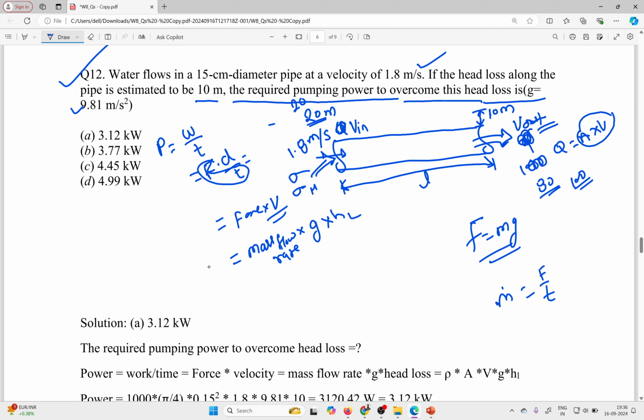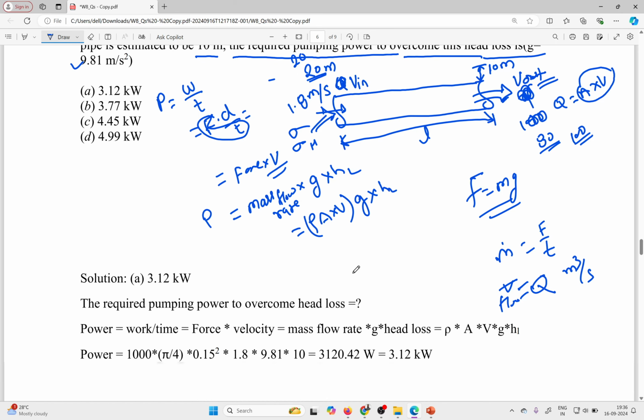So this is your power. What does mass flow rate mean? Volume flow rate means discharge, that is meter cube per unit time. Always remember this. Mass flow rate means kg per unit time, that is rho A V. This is your mass flow rate into g, as in the above formula, and HL, that is your loss.